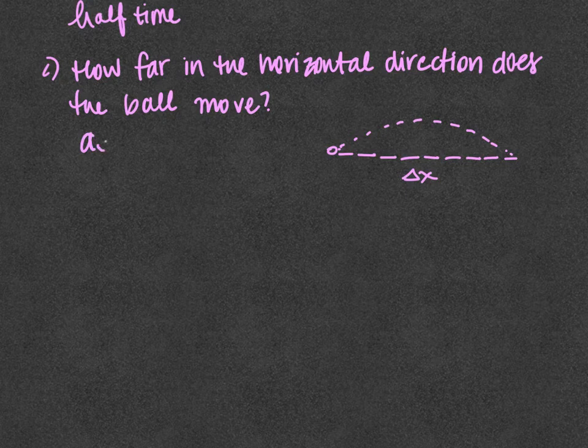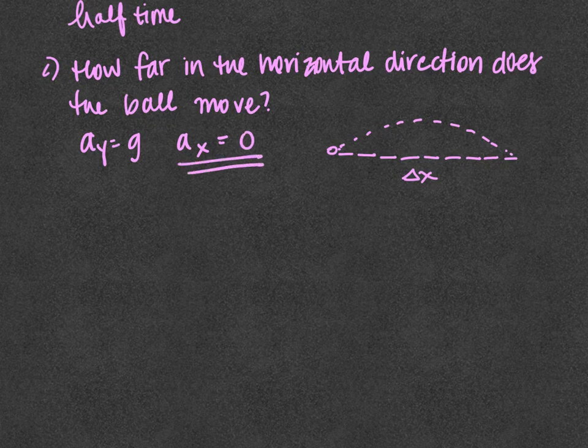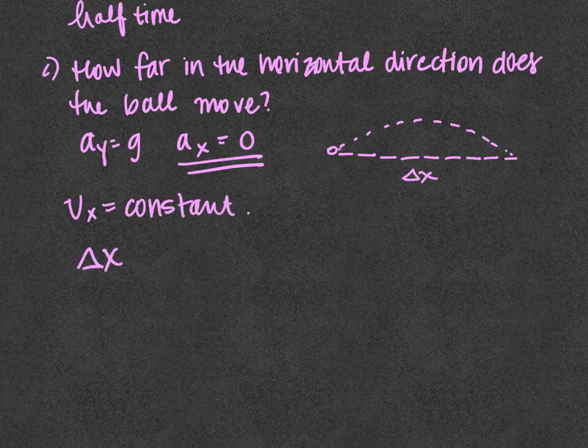Remember, the acceleration in the y direction is g, but the acceleration in the x direction is 0. And that means that the velocity in the x direction is constant. It does not change. So if you remember our constant velocity equations, our delta x is equal to the velocity in the x direction times time.